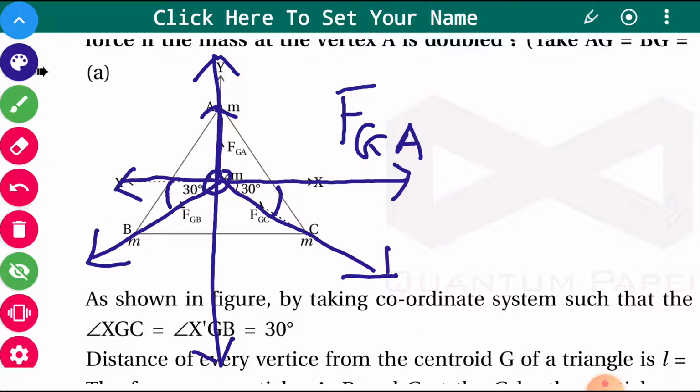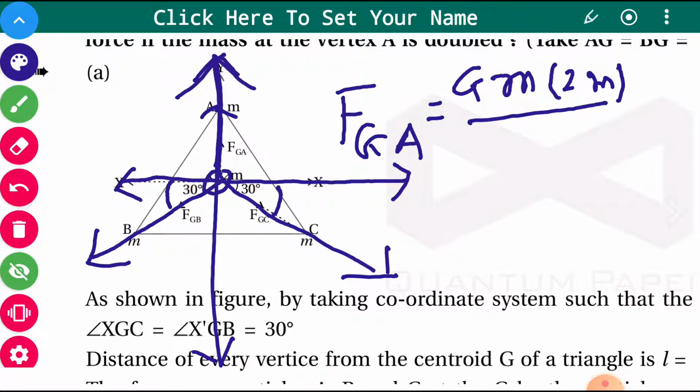Now the force on G by A. This is an attractive force, and it is in the positive y direction. So you can write G m1 m2, where m1 m2 is 2m, upon the square of the distance. Say this distance is 1 meter, which is given to us.